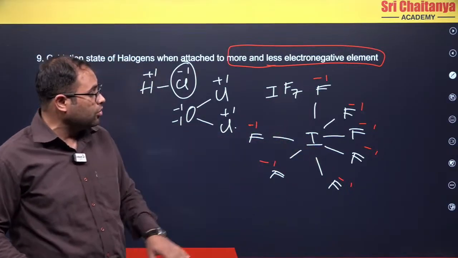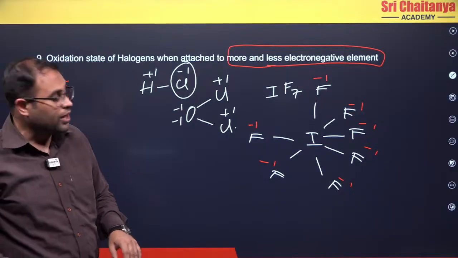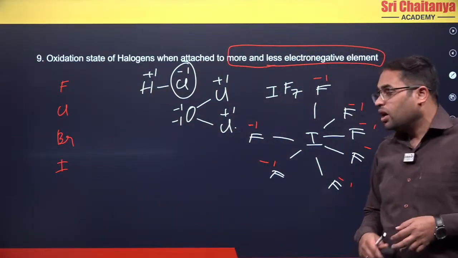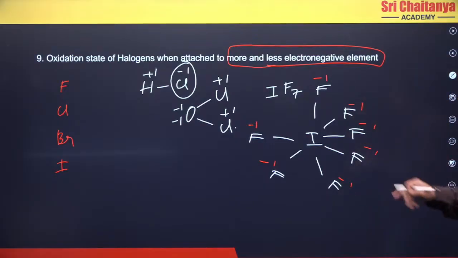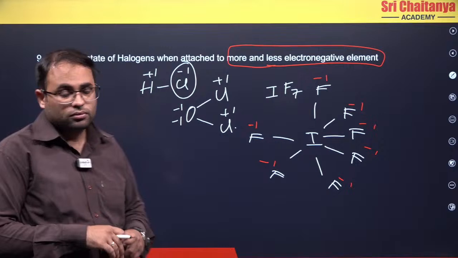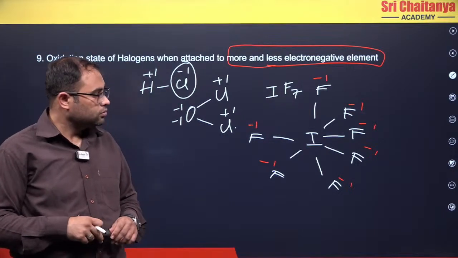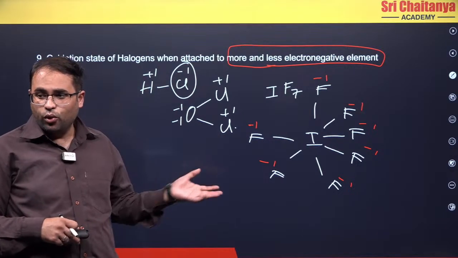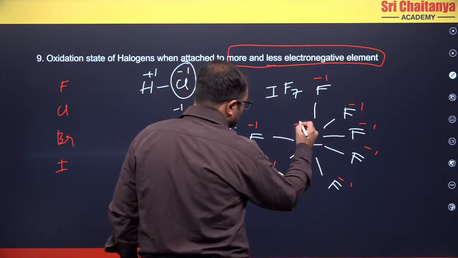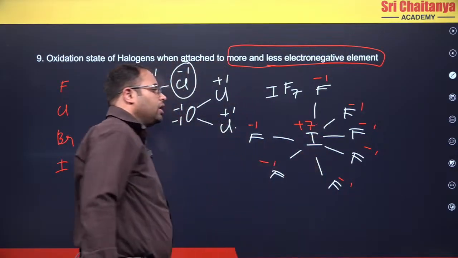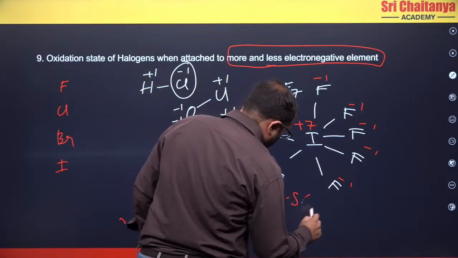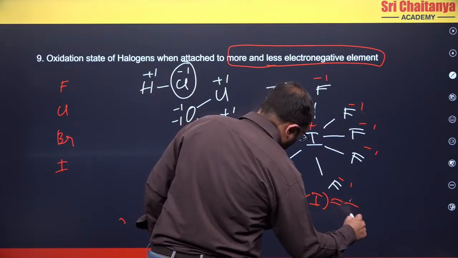So how many +1s on iodine? People, just tell me in the comment section. There are 7 fluorines. The +1s will be +7. Total will be +7. So the oxidation state of iodine will be +7.